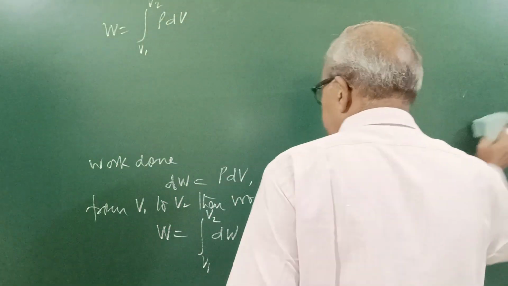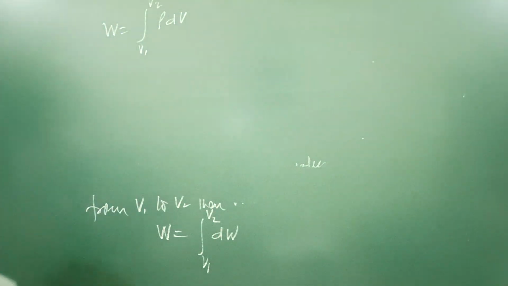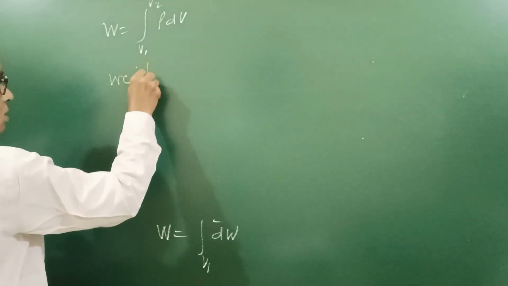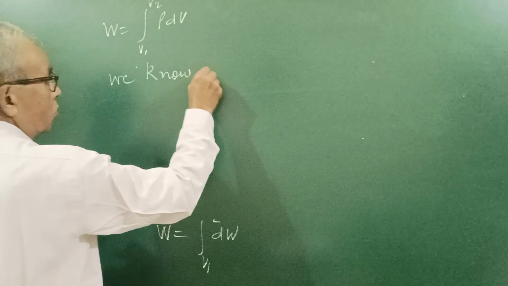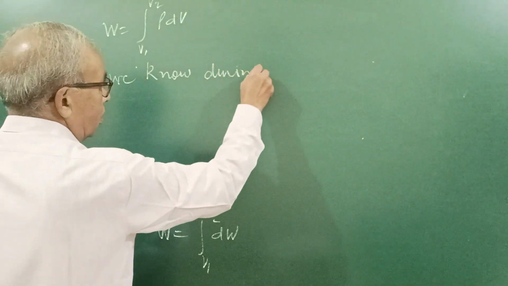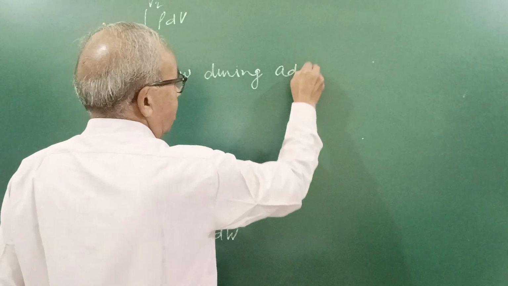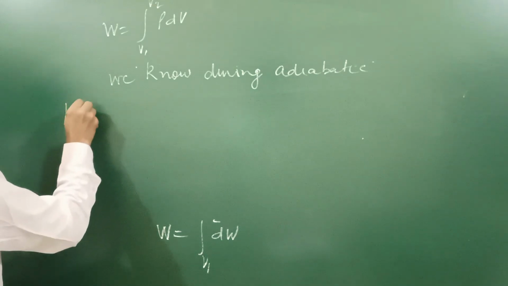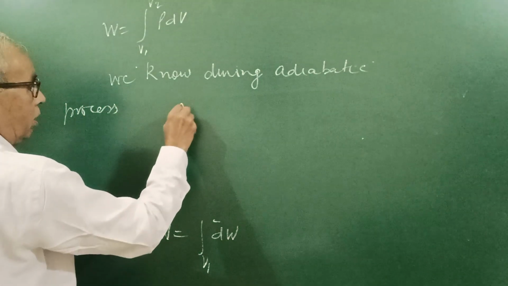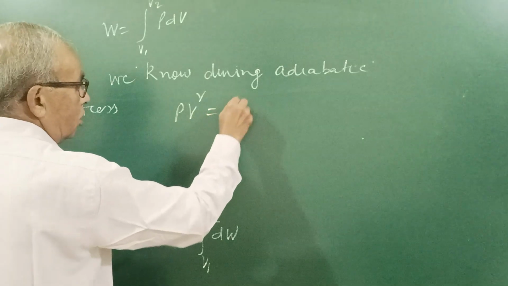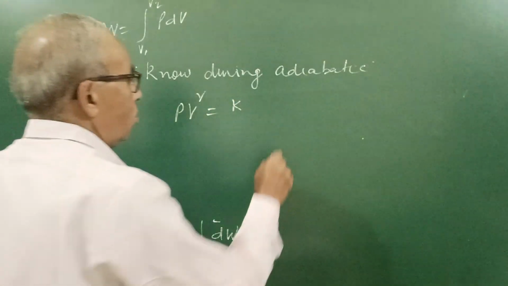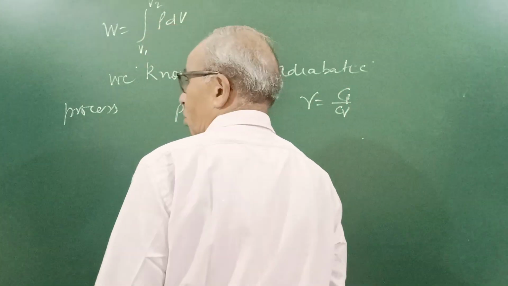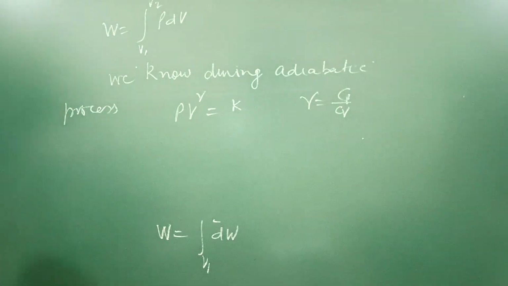Now the change is adiabatic. So here Poisson's equation will be valid, and we know during adiabatic process P into V to the power gamma is equal to K, a constant, where P is pressure, V is volume, gamma is Cp upon Cv, the ratio of molar specific heats of ideal gas.